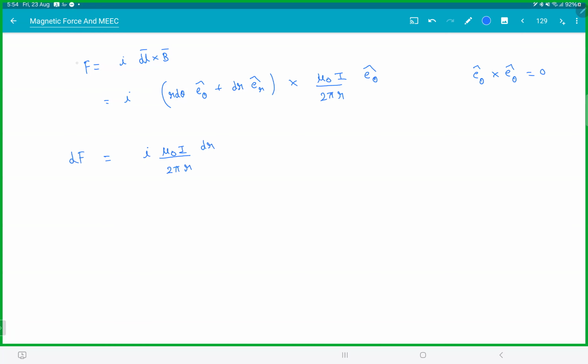This is the force on a small wire. It looked the same, why did the sign come? This would be mu naught I by 2 pi, dr by r. Now if you integrate the force on that wire, this would be mu naught I by 2 pi ln r, with limits going from Ra to Rb.